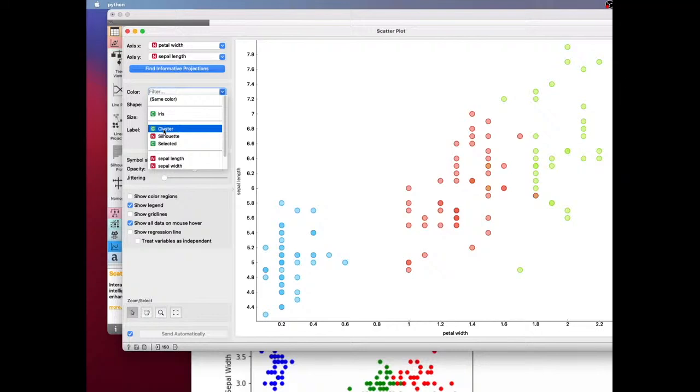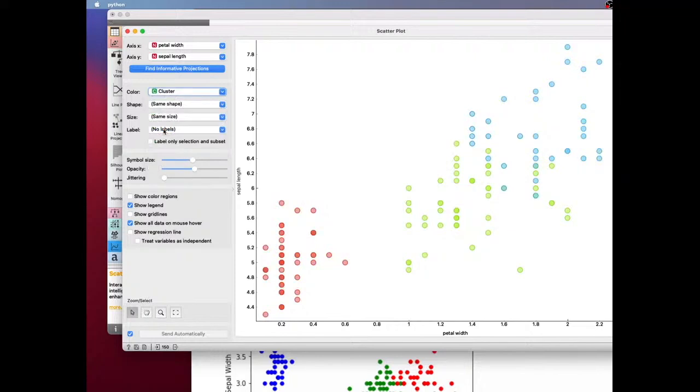Okay, and after we select the cluster right here, that is the cluster made by kMeans. The left hand side part is quite good, but the right hand side part is not as good as the label. So kMeans has its limit because it only uses the distance to partition the data.